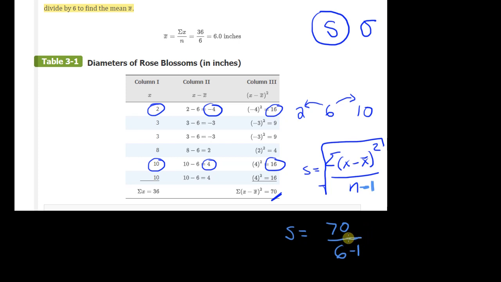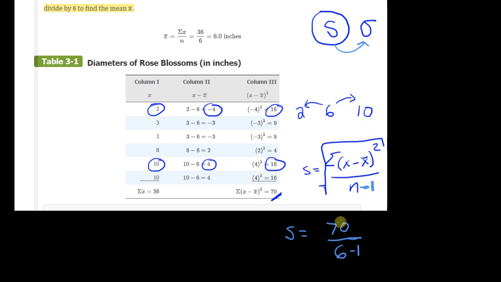Sorry, so it's n minus 1 instead of n. And it's basically an average. You can think of it as an average, but this minus 1 makes this estimate of sample standard deviation a non-biased estimator, which means that it does a better job of approximating the population standard deviation.